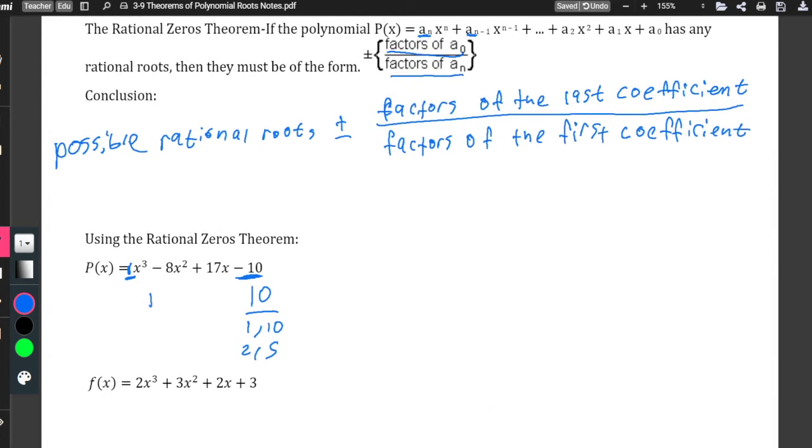Factors for 1, just 1. So our possible roots are, on the top, plus or minus 1, plus or minus 2, plus or minus 5, and plus or minus 10. And on the bottom, our only factor for our first term is plus or minus 1.